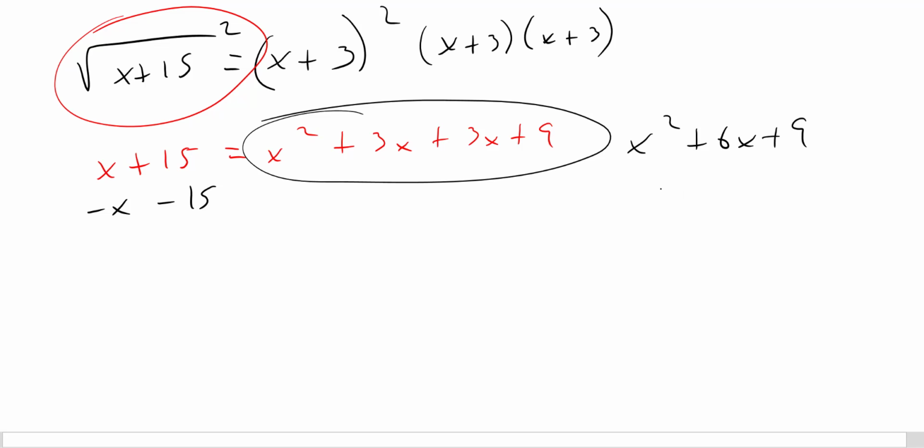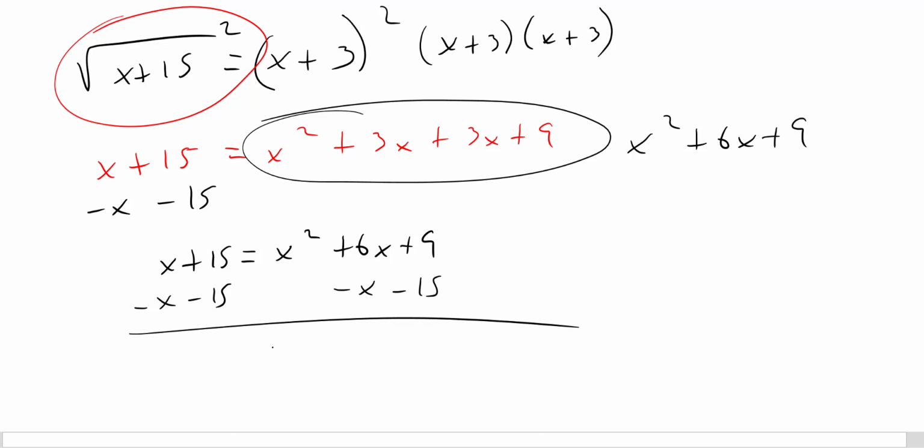And then I'm going to subtract, so let me just write this out here. X plus 15 equals x squared plus 6x plus 9. I just like this better. Now I'll subtract x and subtract 15. So you should get x squared plus 5x minus 6 equals 0.